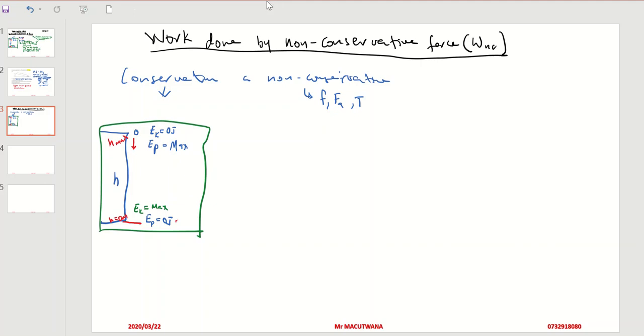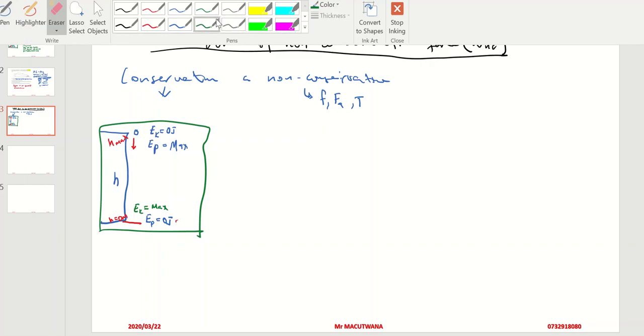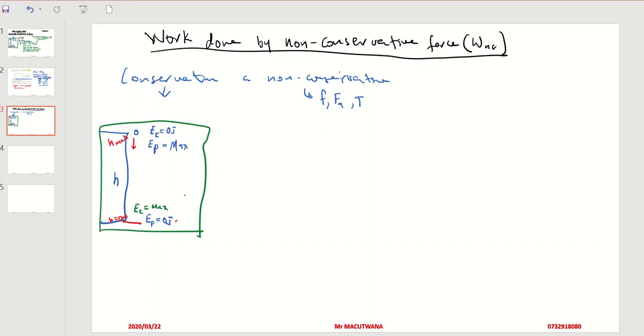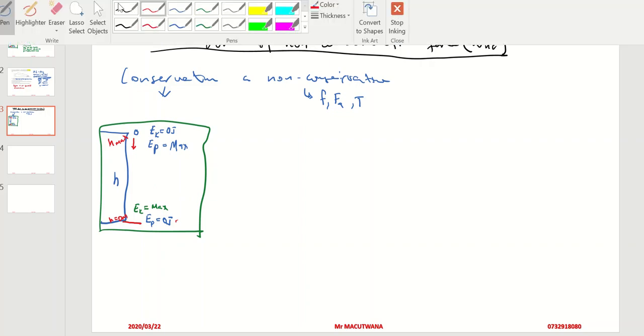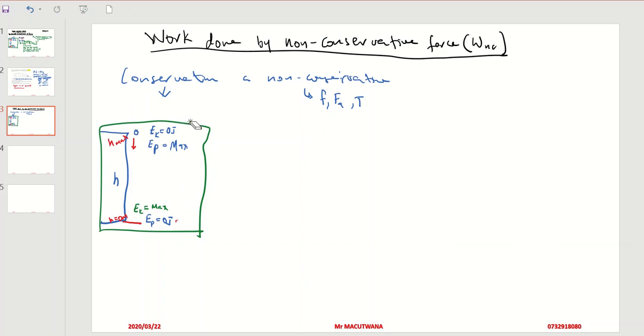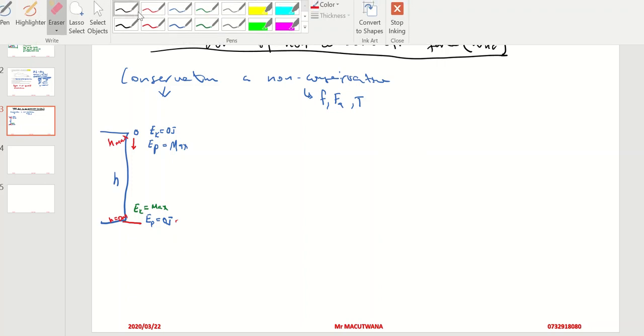Now let's say this is an object which is falling. Now while the object is falling, let me just remove this closed box, which will therefore imply that the system is no longer closed.